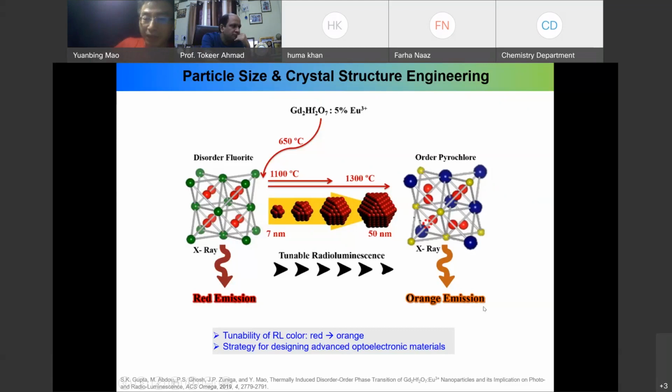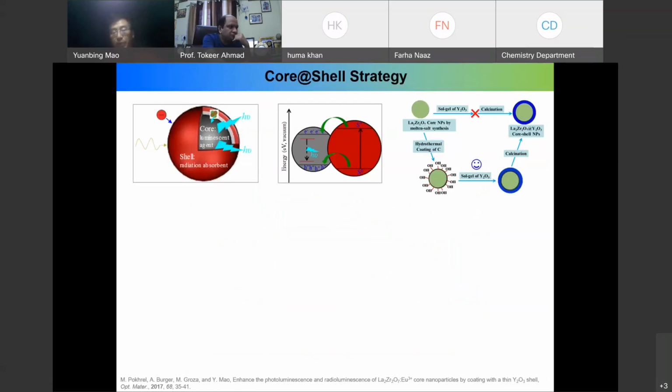So that tells us we can tune the radioluminescence of these materials by particle size and structure engineering. This is important. This can serve as a strategy to design advanced optoelectronic materials. So that's about this one.